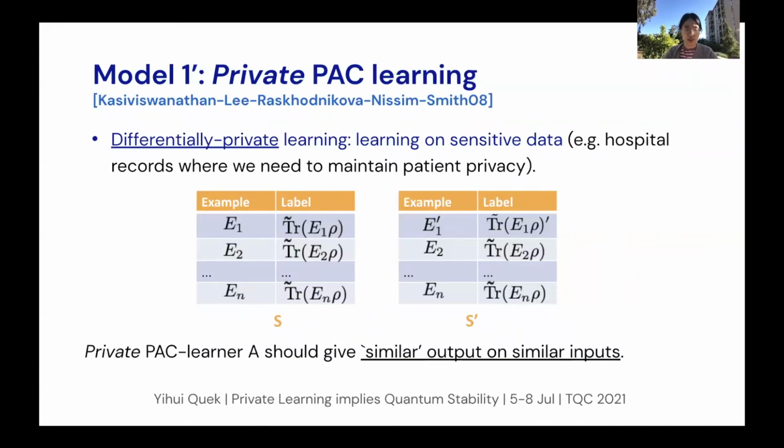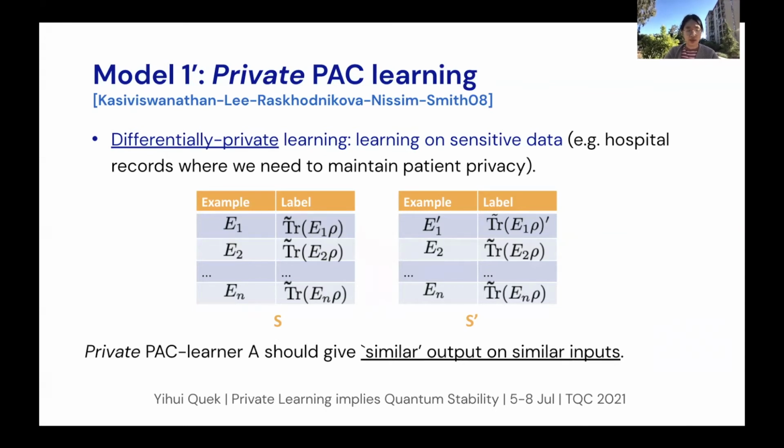So we're actually also going to consider a model 1 prime, which is a modified form of PAC learning that also satisfies the requirements of differential privacy. So just to give an introduction, differentially private learning is a requirement that was imposed on learning algorithms that deal with sensitive data.